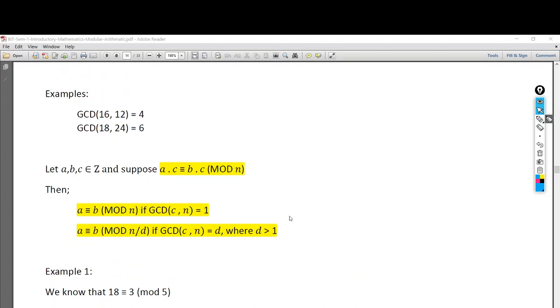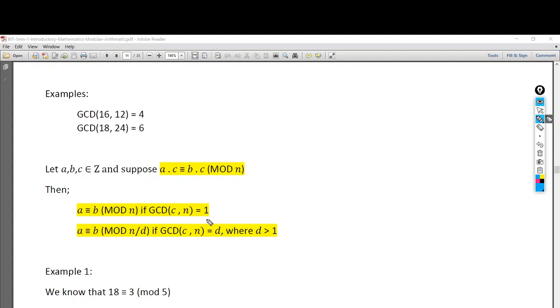Let A, B, C all are integers. So now you must be familiar with these notations. Let A, B, C, that is all are integers, and suppose A into C equal B into C in mod n, right? Mod n. Then we can say that A is congruent to B mod n if GCD of C and n is 1.